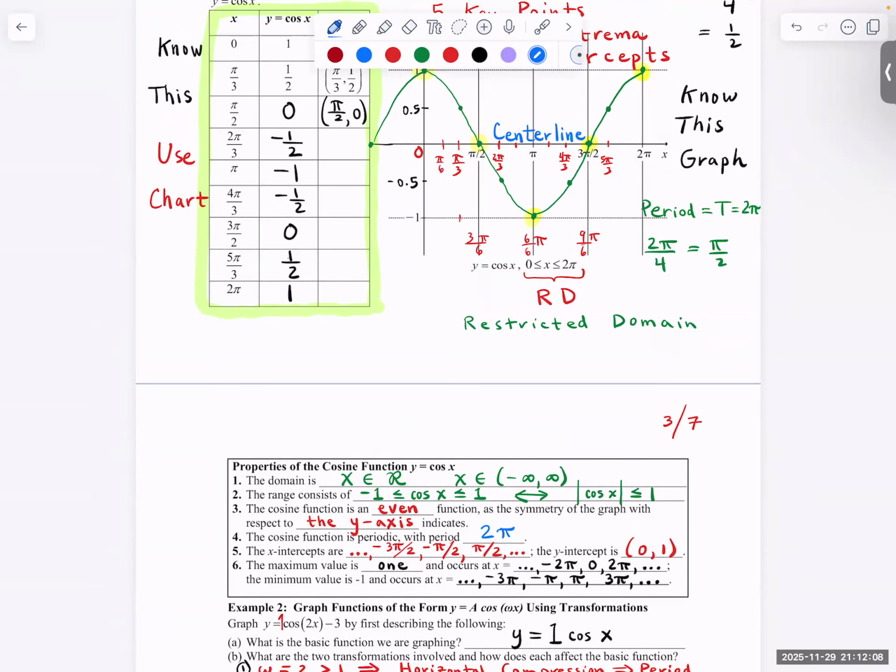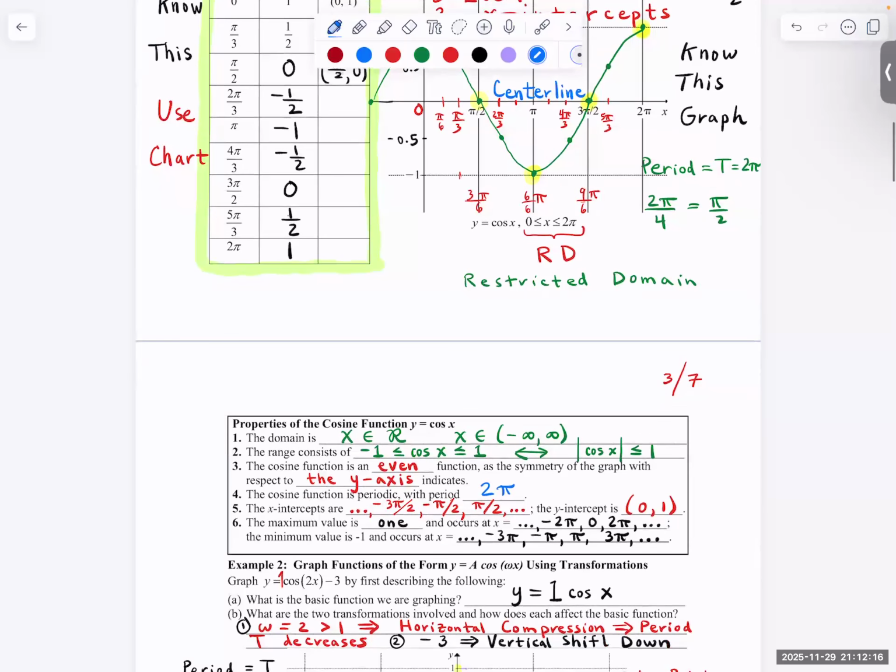If you subtract pi again, that's -2/2 pi, which is -3/2 pi. Now from pi over 2, if you were to add pi, which is 2/2 pi, you would get +3/2 pi. The y-intercept occurs at 0 radians. The function value is 1.